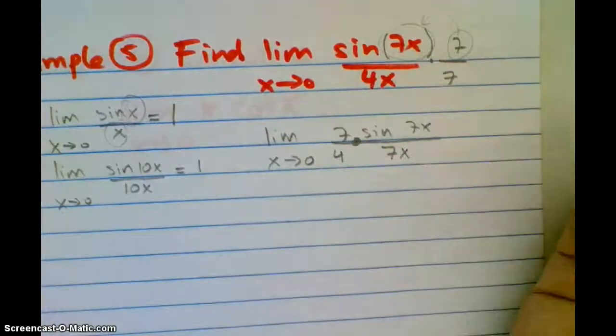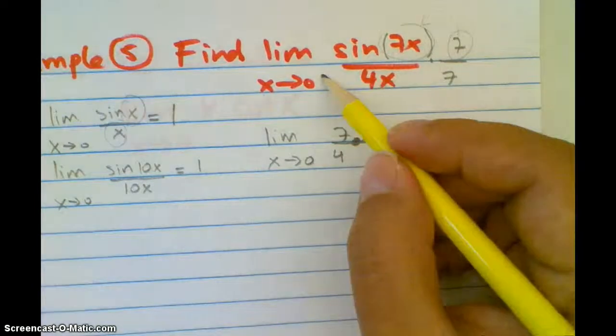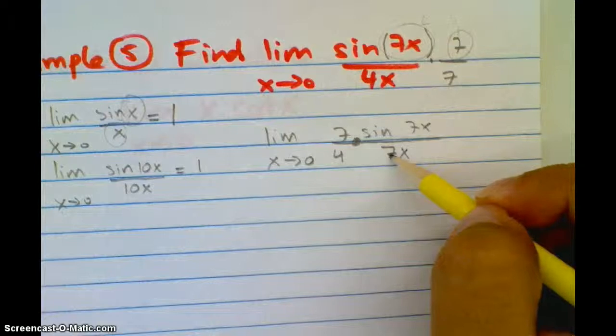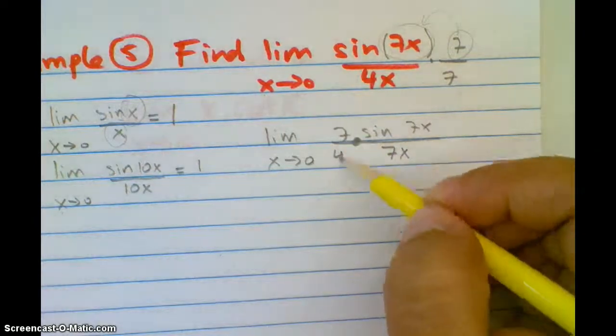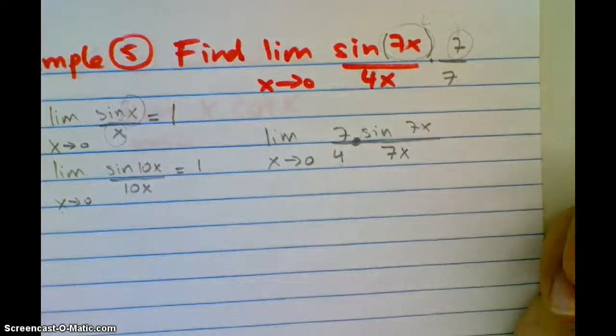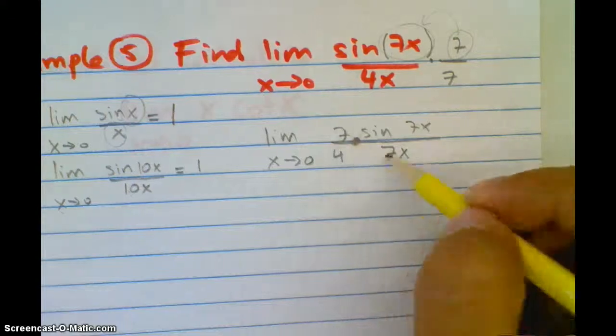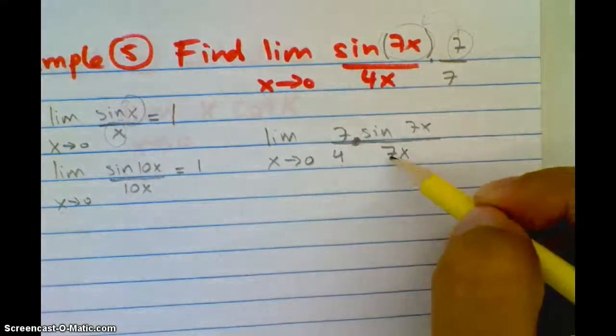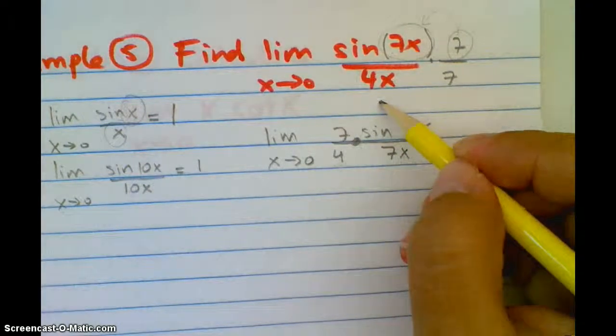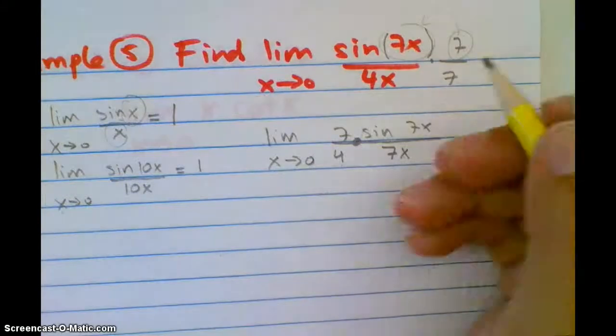So I'm going to write 7x, and I'm going to write the 4 right here. So actually what I'm doing is I'm taking out the 4 and I'm putting 7 instead, and I'm multiplying the function by 7/4. So you notice if I were to cancel out the 7s, I'm going to have the 4 back. So practically I'm not doing anything.